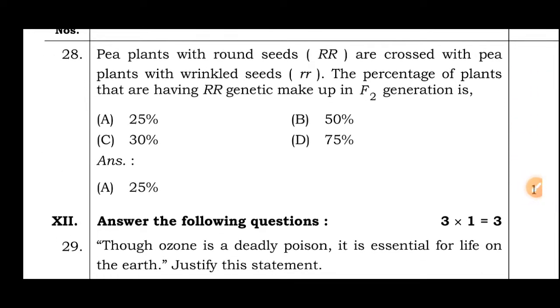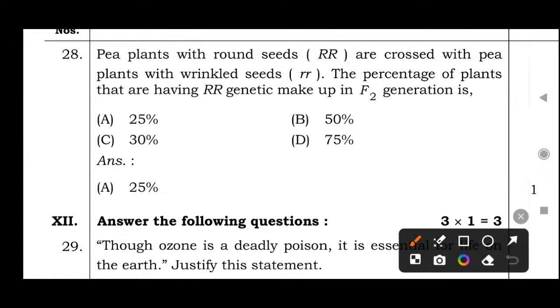Question number 28. Pea plants with round seeds, capital R, are crossed with pea plants with wrinkled seeds, small r. What is the percentage of plants having capital R genetic makeup in the F2 generation?